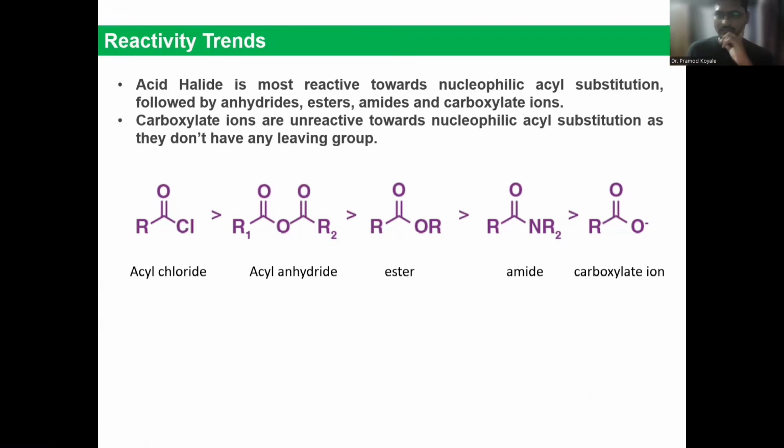This is the only reason. That's why acyl chlorides have a higher rate of nucleophilic substitution as compared to the anhydride, ester, amide, or carboxylate ion. So these are several facts about the reactivity trends for nucleophilic substitution reactions within acyl derivatives. Okay, thank you.